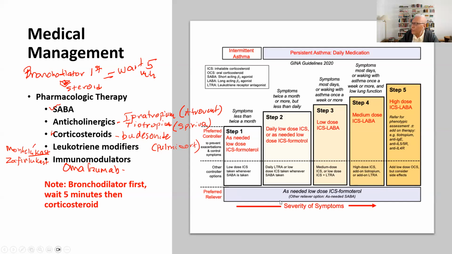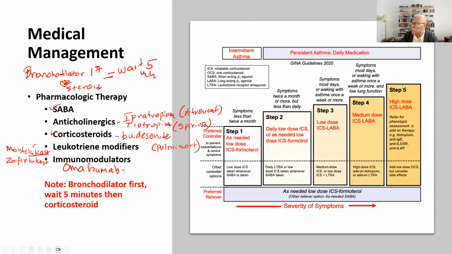All right, the chart on the right just tells you about what the usual daily medications are for intermittent asthma. As you can see in step 1, there's low dose inhaled corticosteroids taken whenever SABA, or short-acting beta agonist, is taken.